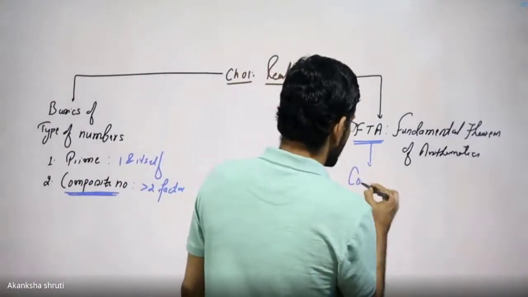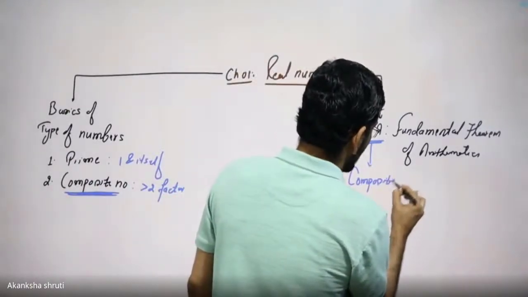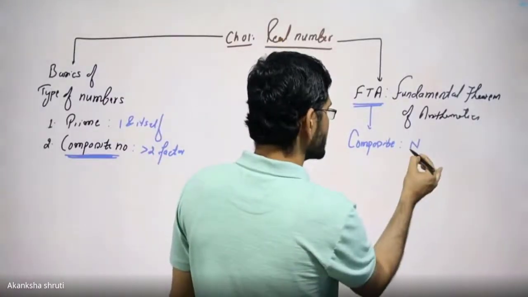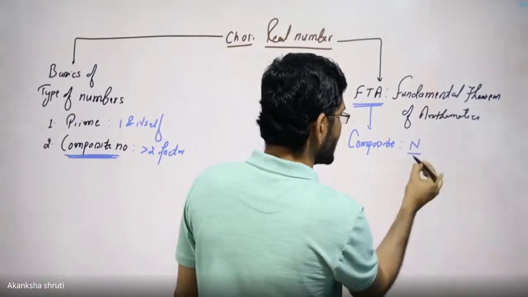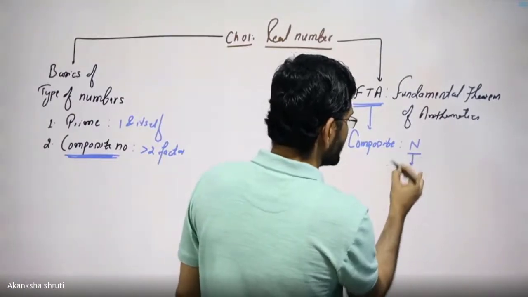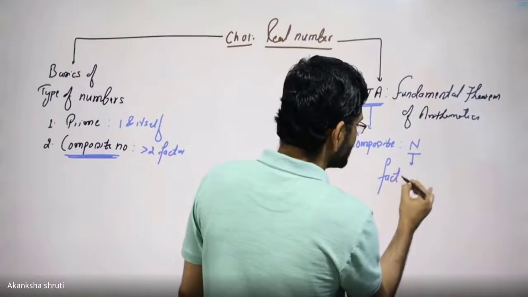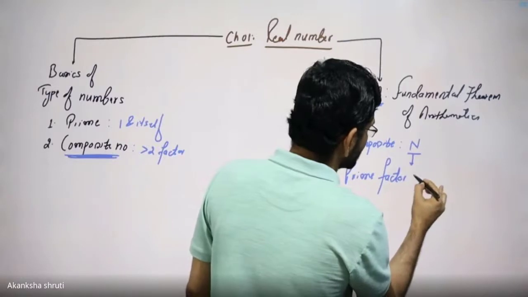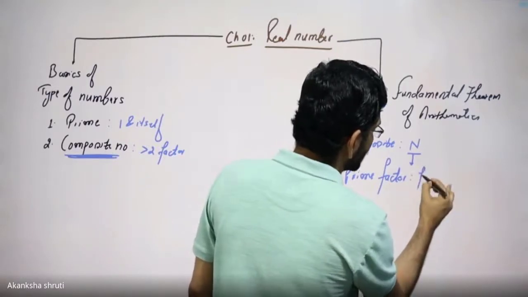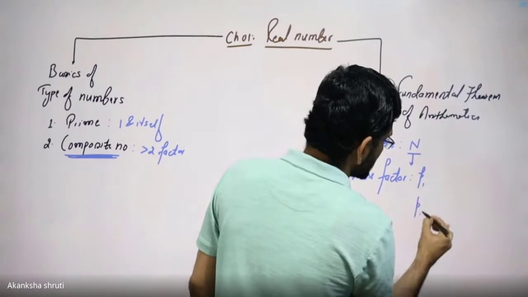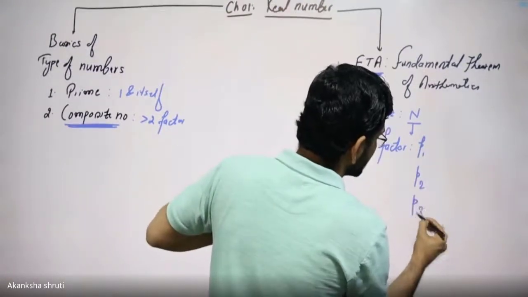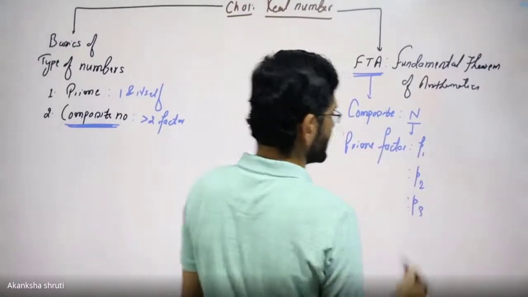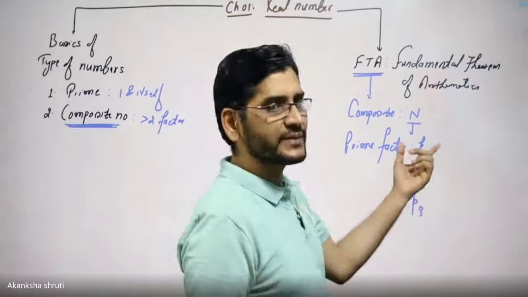For any composite number n, this composite number can be written in terms of its factors. Factors means the prime factors basically. If we consider the prime factors P1, P2, P3 of the same composite number, it may be possible that a factor is repeated.